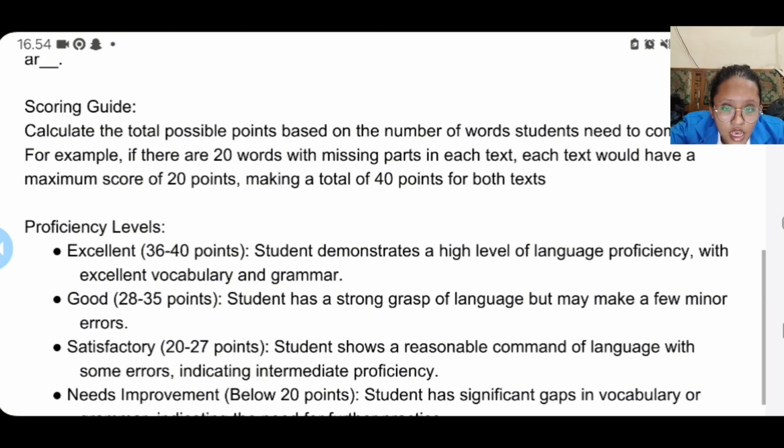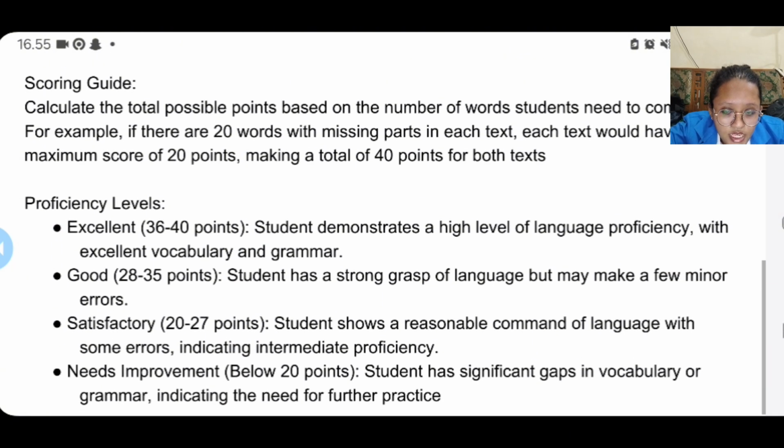Proficiency levels: excellent, 36 to 40 points. Students demonstrate a high level of language proficiency with excellent vocabulary and grammar. Good, 28 to 35 points. Students have a strong grasp of language but may make a few minor errors.